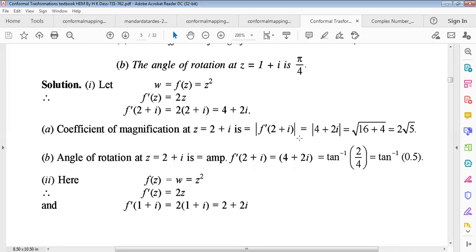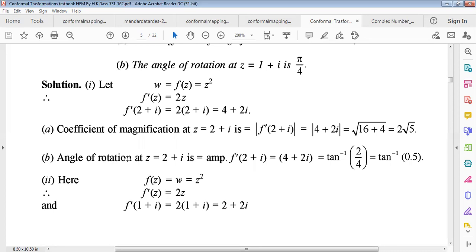This modulus will be the modulus of 4 plus twice i. The modulus of a complex number is the square root of x square plus y square. You must know the formula. x means the real part whole square plus the imaginary part whole square. That means 2 root 5.